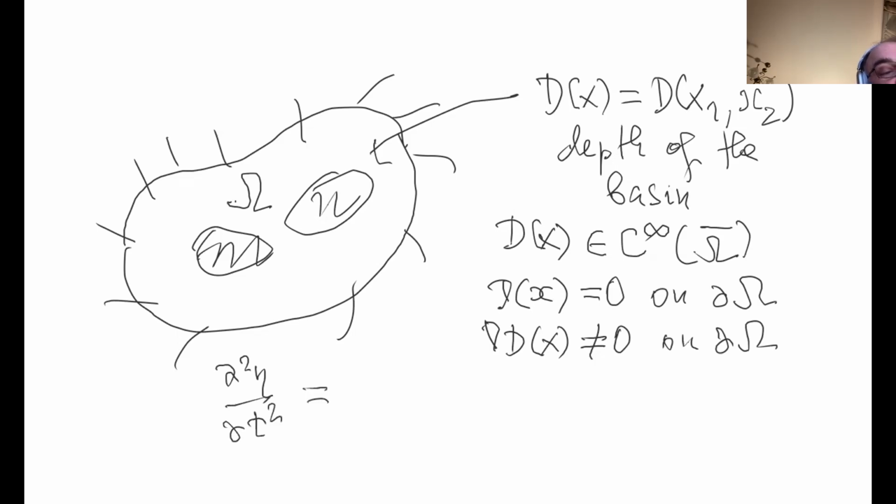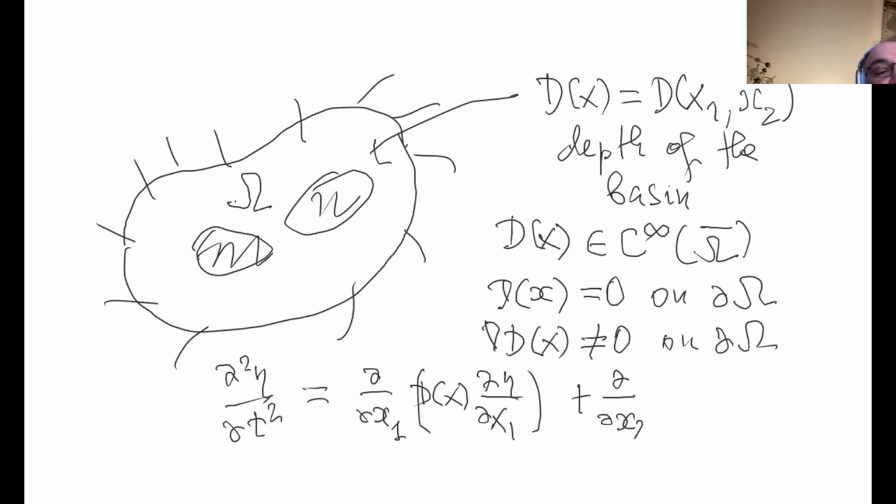And the equation we speak about is as follows. The second t derivative of eta is equal to d over dx1 of d of x d eta over dx1 plus d over dx2 of d of x d eta over dx2.